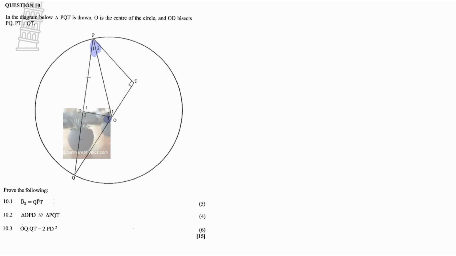So to prove this, the first thing I'm going to do is I'm going to say that D2 and D1 are going to be 90 degrees. So D1 is going to equal D2, which is going to equal 90 degrees.